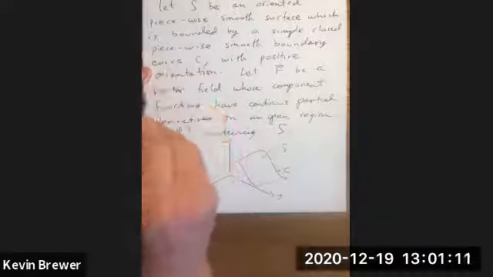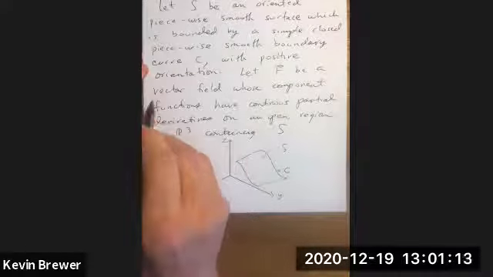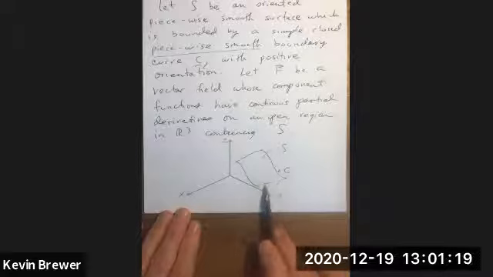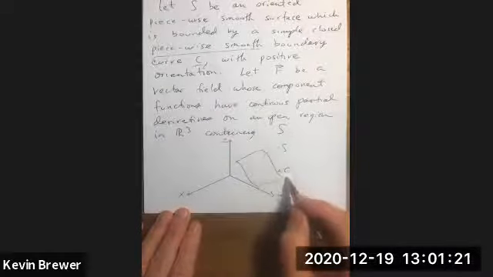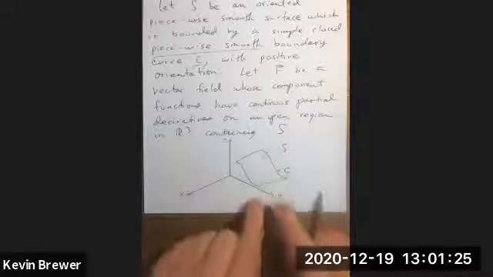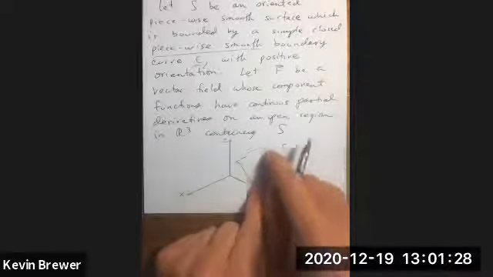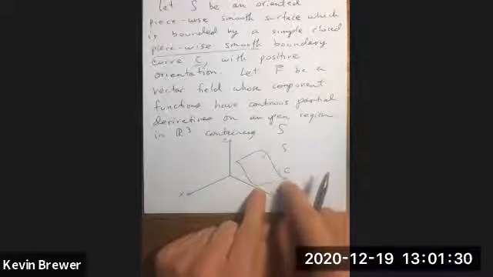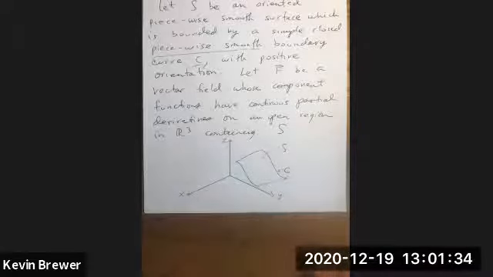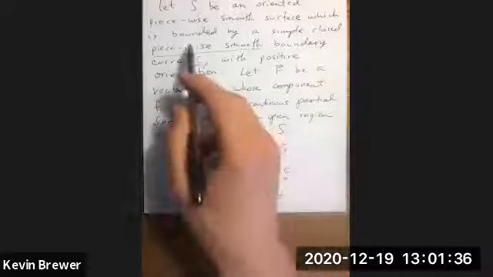Notice that C is genuinely piecewise smooth because C is smooth here, it's smooth here, but there are these little points at the corners where whatever function I have describing C, it's not going to be differentiable there. We've got different tangent vectors there. But that's fine. It's piecewise smooth.